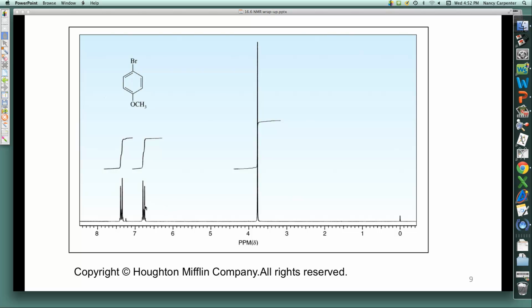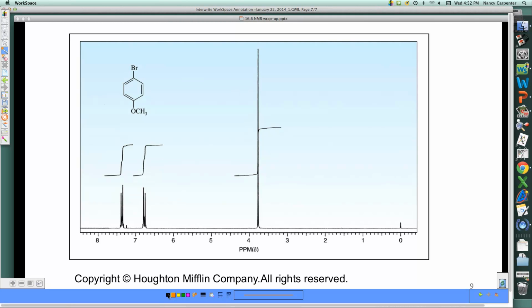The one aromatic long-range coupling I want you to definitely be aware of, though, is this one. When you have a para-disubstituted aromatic ring, so 1,4, this pattern, where it kind of looks like a quartet that got split apart, like here's a quartet, and then you just chopped it in 2 and pulled it apart.